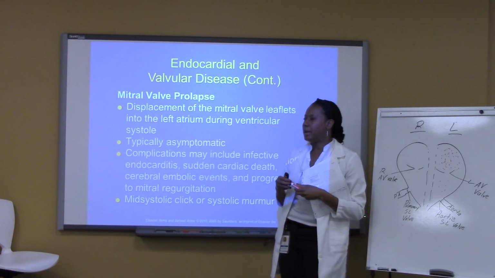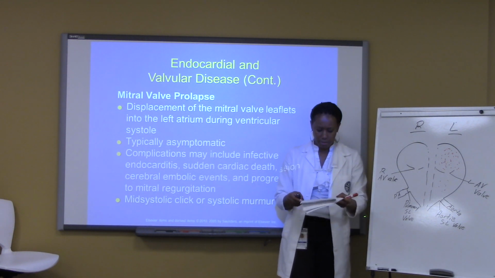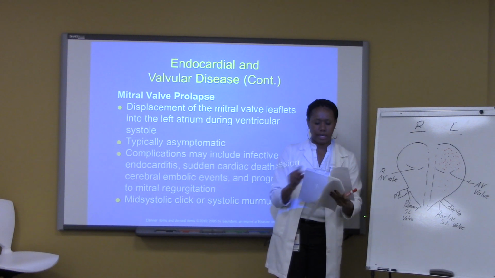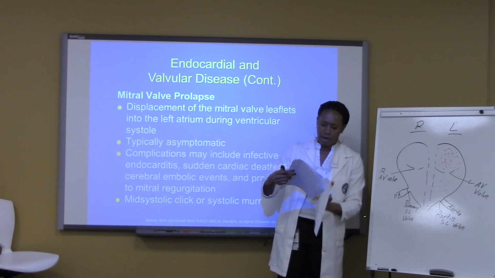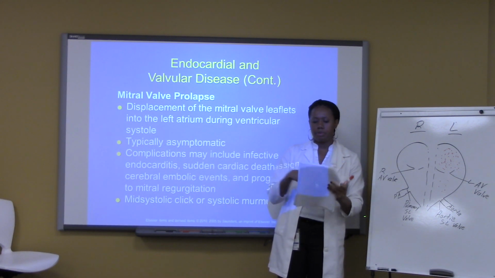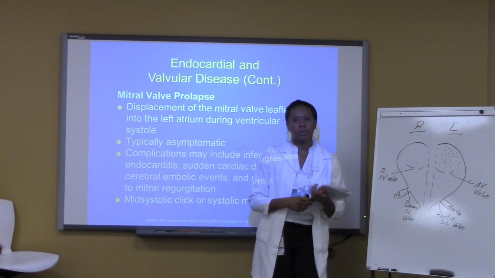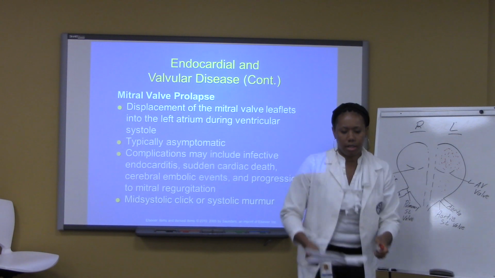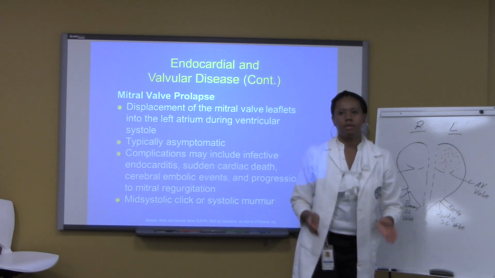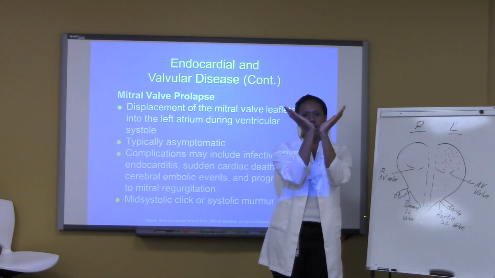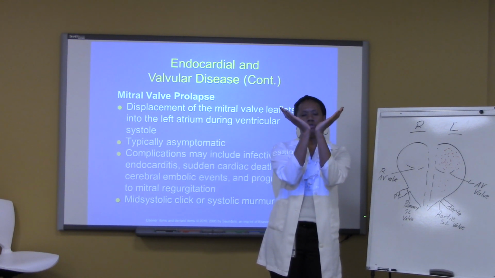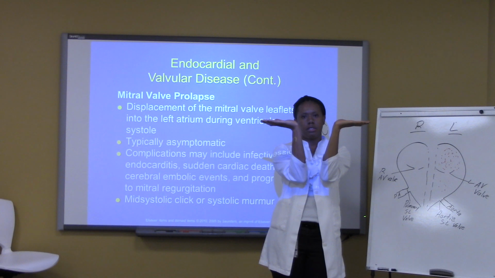Okay. Mitral valve prolapse, this is one murmur that is actually quite common. With mitral valve prolapse, say for example, the valve sits like this, okay, but with the mitral valve prolapse, the valve is not in its proper orientation and it actually sits like this.